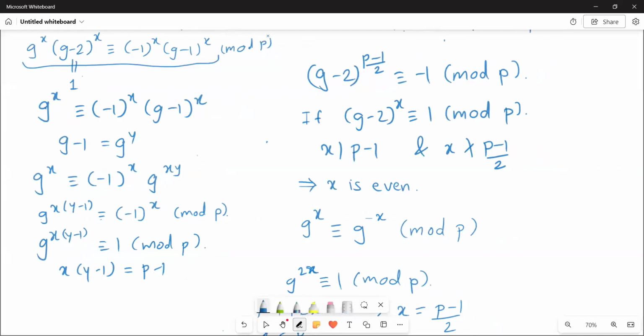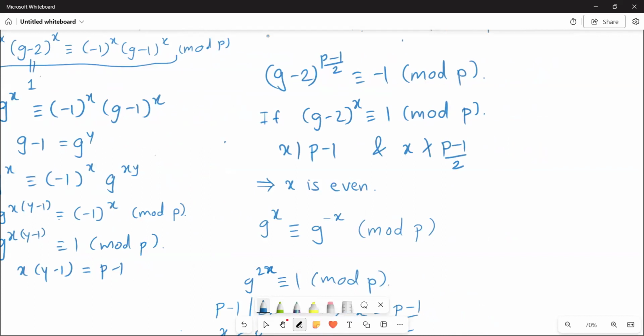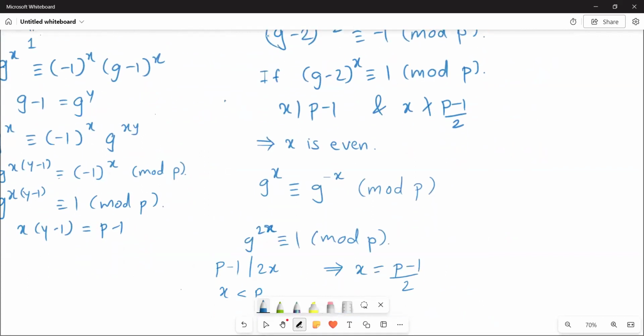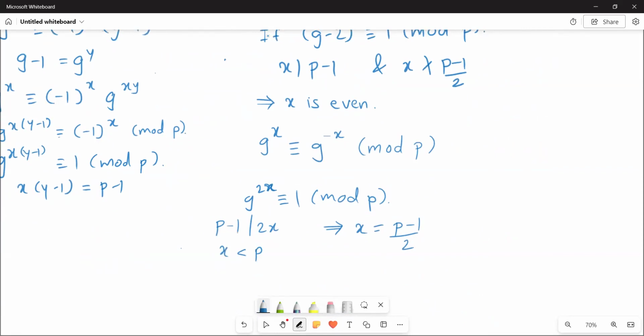Okay, that is not very useful. We just know x is even. So we know g to the power 2x is also congruent to 1 mod p, because g to the power x is congruent to 1 mod p. And since g is a primitive root, we know p minus 1 should divide 2x.